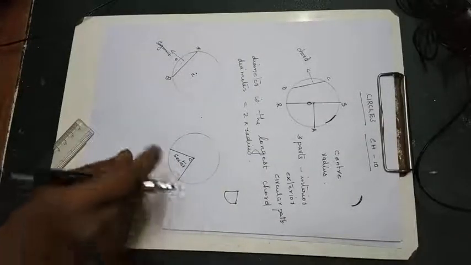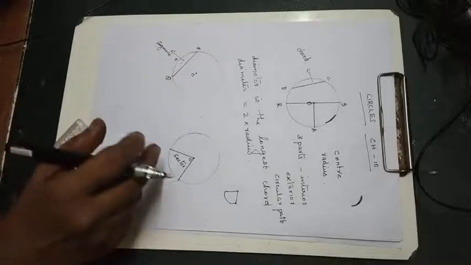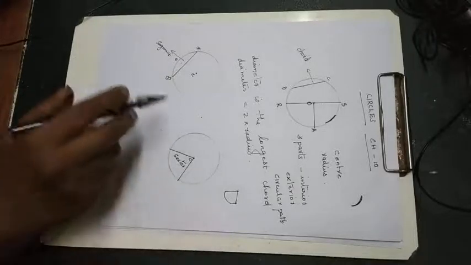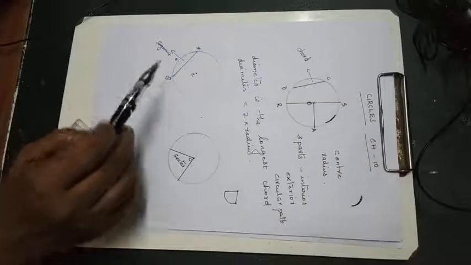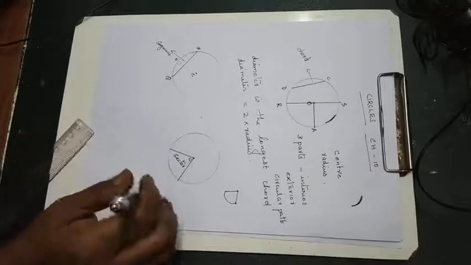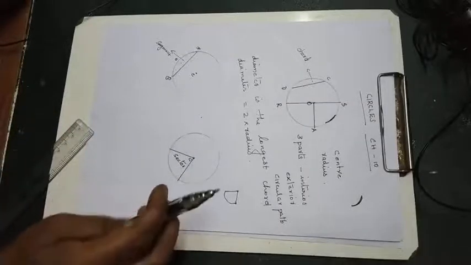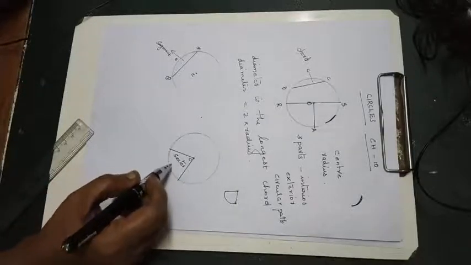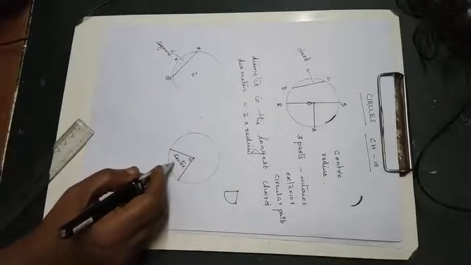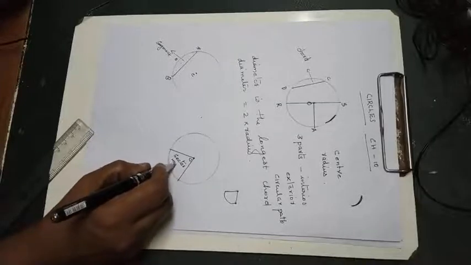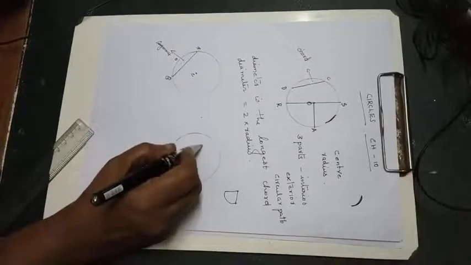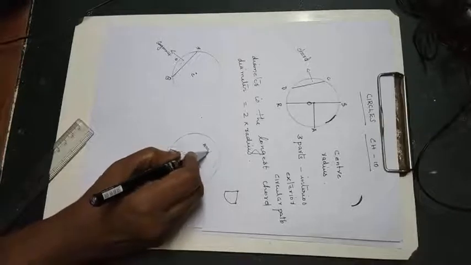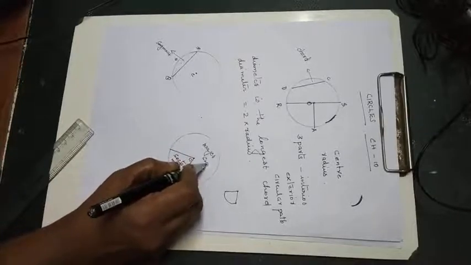Next year also you have to learn this in detail, so you have to know what a sector and a segment are, and the difference between them. Here this smaller portion we have taken is called the minor sector, and this one is called the major sector.